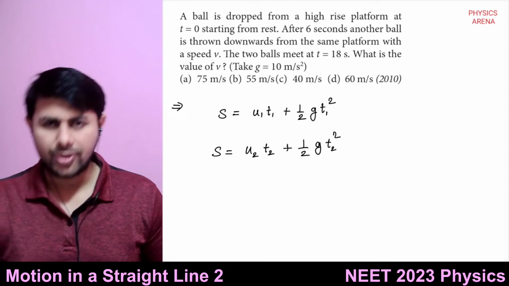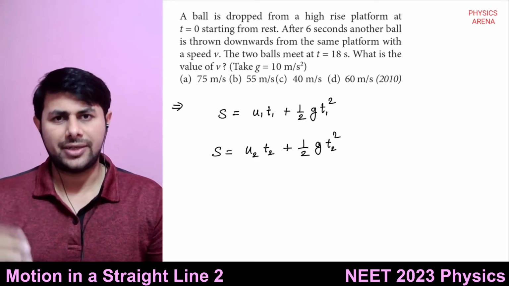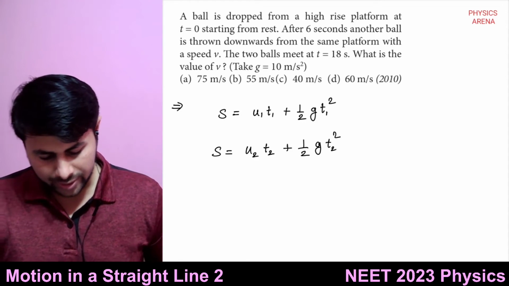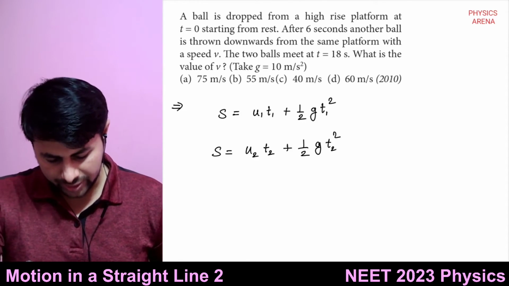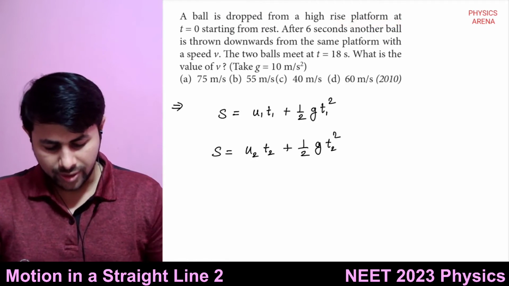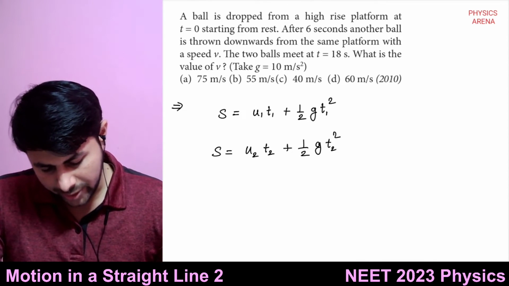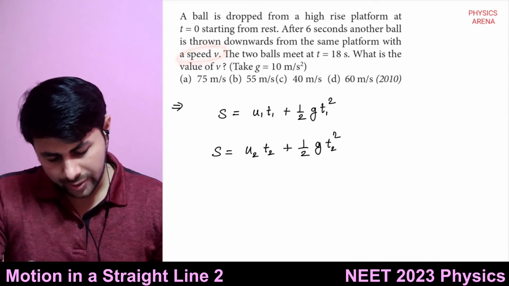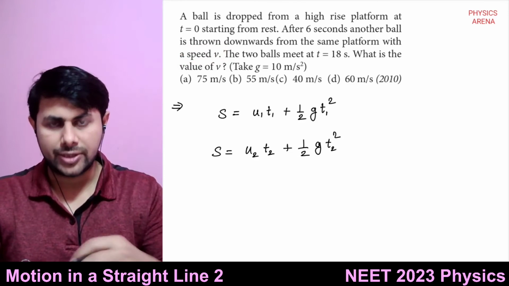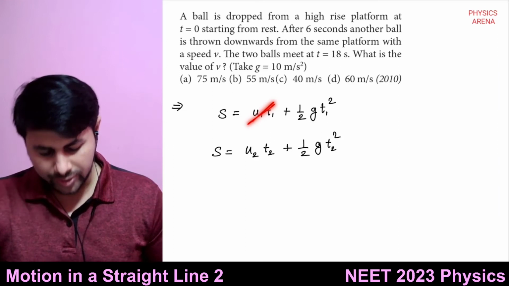Right, because the distance covered by both the balls will be the same if they are meeting at any time. The first ball is just dropped, it has no initial velocity, and the second ball is thrown with speed v. So u1 is equal to 0.